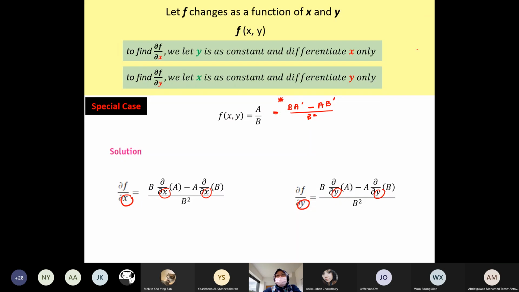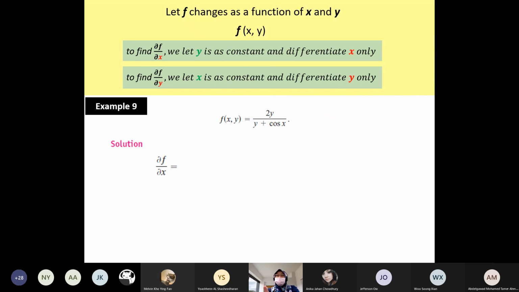Just now with plus it was AB plus BA, so it changes here. We start with the denominator first, multiplied by differentiate A, minus A multiplied by differentiate of the denominator, over B square.